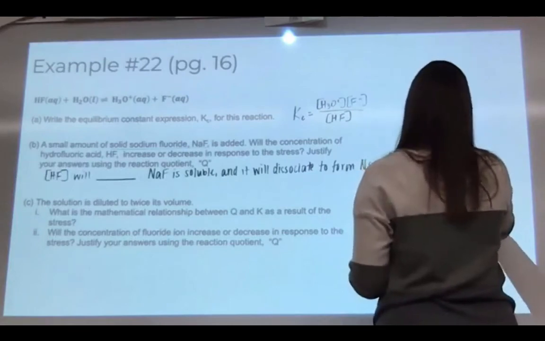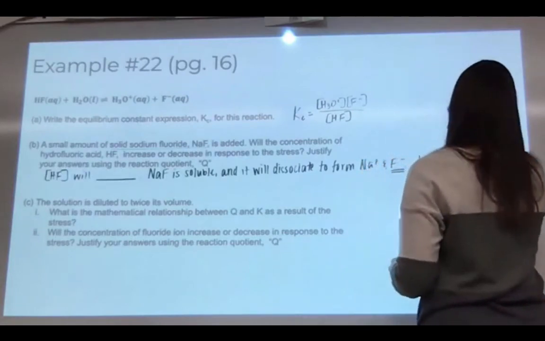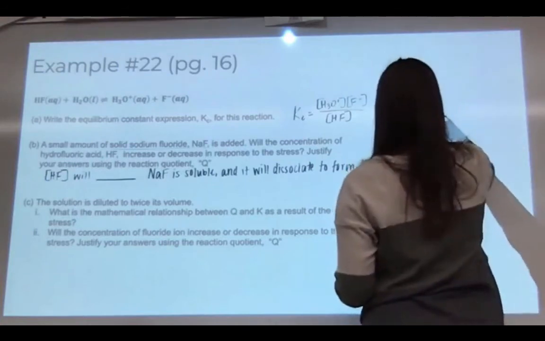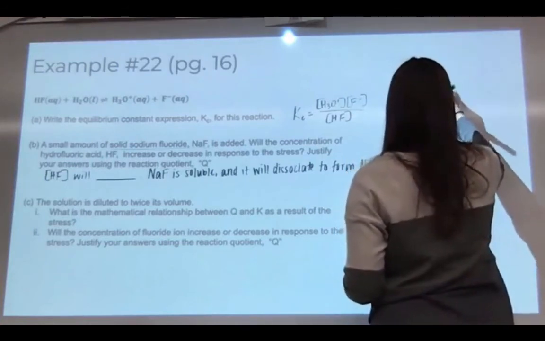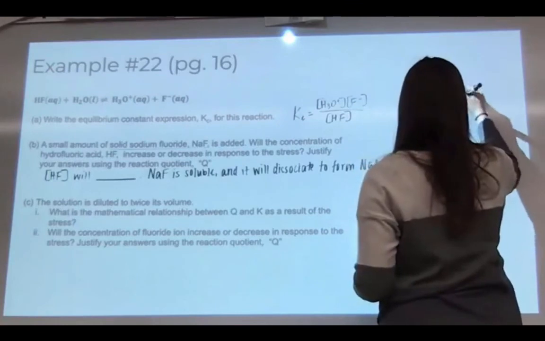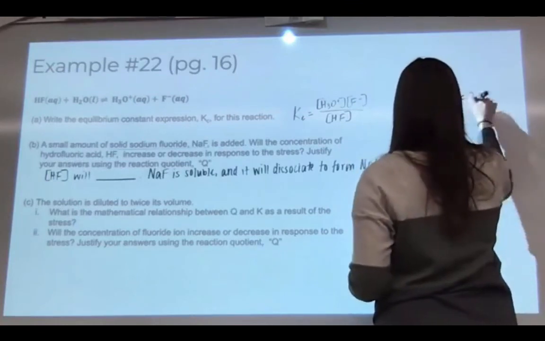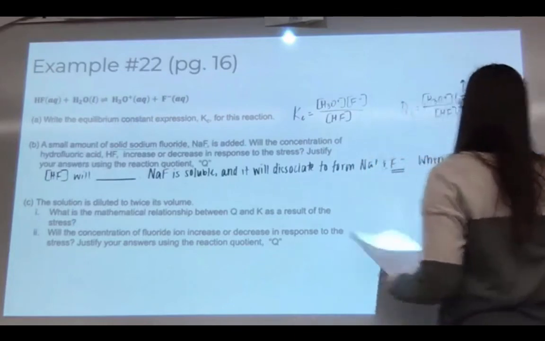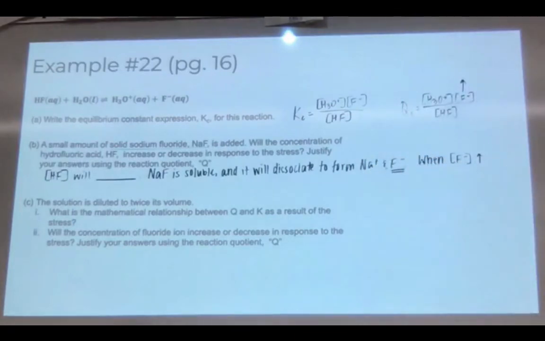So when the concentration of F minus increases, think about Q. It's the same thing, but I'm just focusing on Q now. If I'm increasing the amount of F minus, I'm increasing the amount of what's on my numerator.